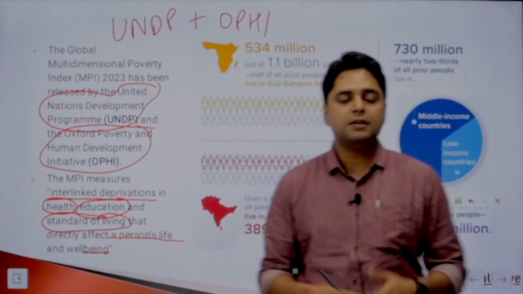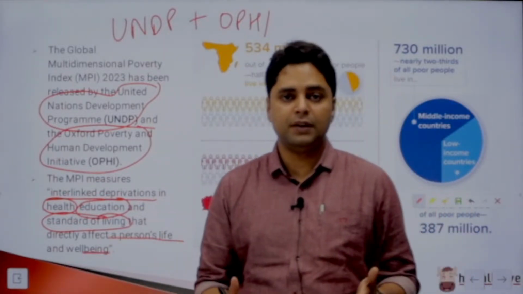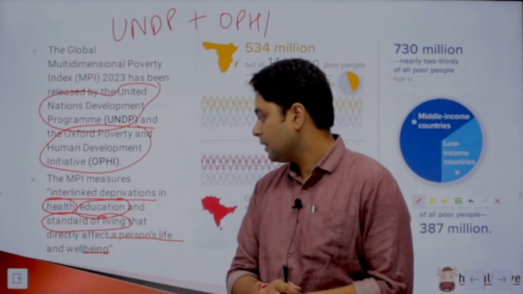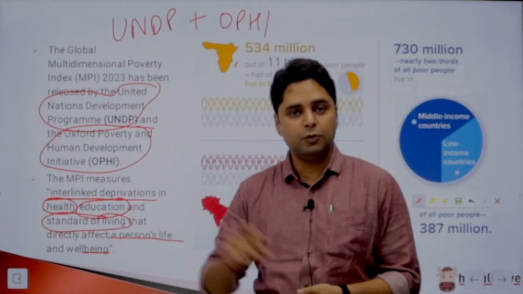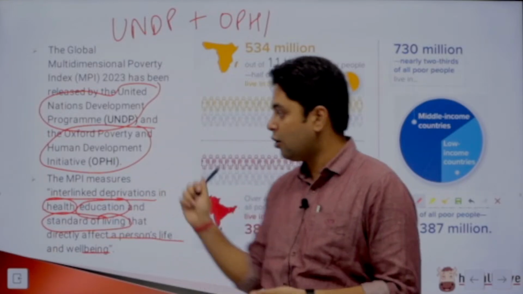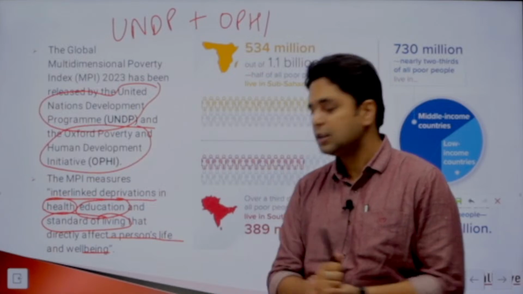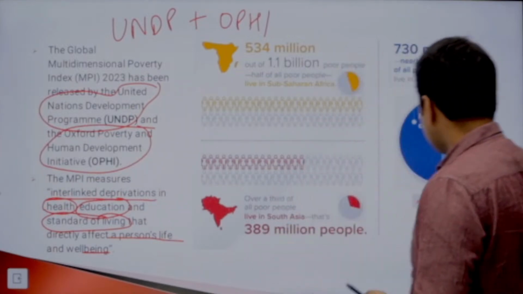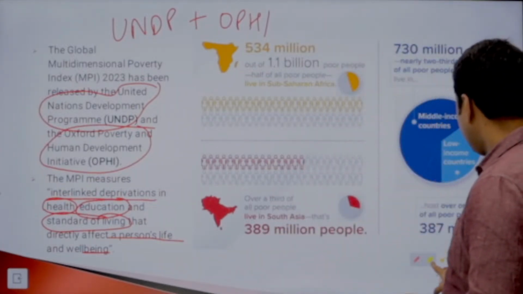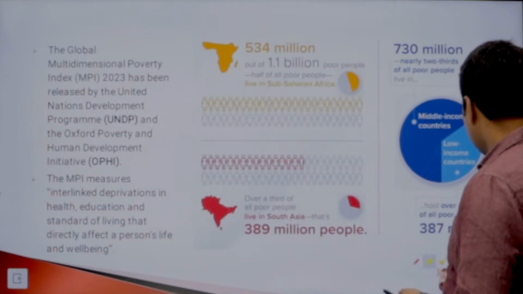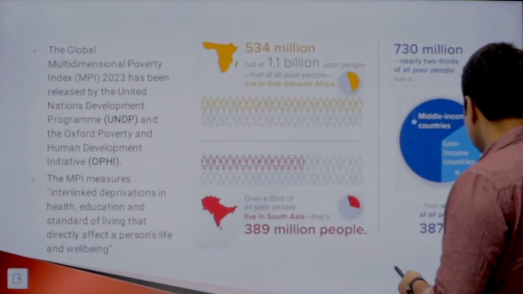Now, it's a very subjective thing. All of us may have different ideas of what standard of living is, but we will see according to the criteria of UNDP and OPHI what constitutes standard of living. So let's take a look. Then we will see where the poverty stands.